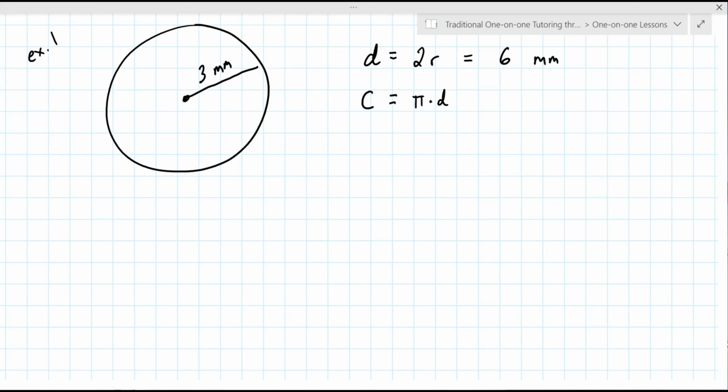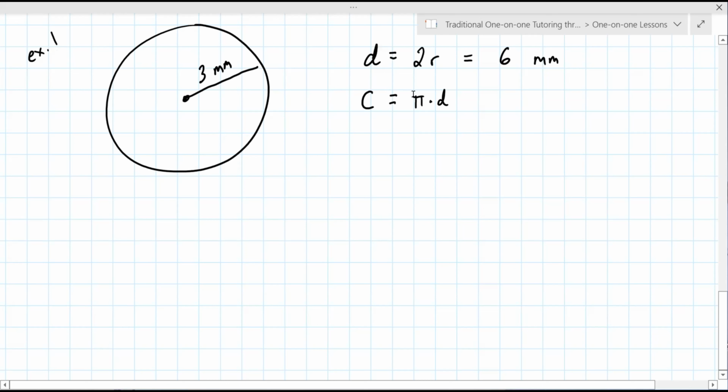How are you doing on getting this written down? I'm doing good. How much more time do you need? Have you written all this down? Yes, I wrote it all down. Okay. So we earlier calculated the diameter, which is 2 times the radius, as being 6 millimeters. Now we're calculating the circumference.